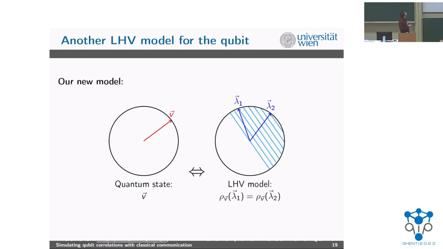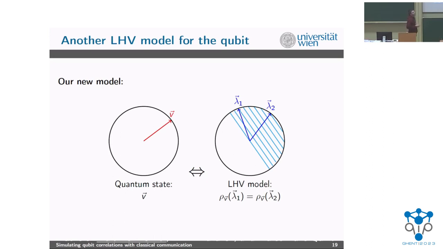So basically all of these vectors in the distribution have a positive scalar product with the vector V that this ensemble is supposed to represent. But outside it's 0.